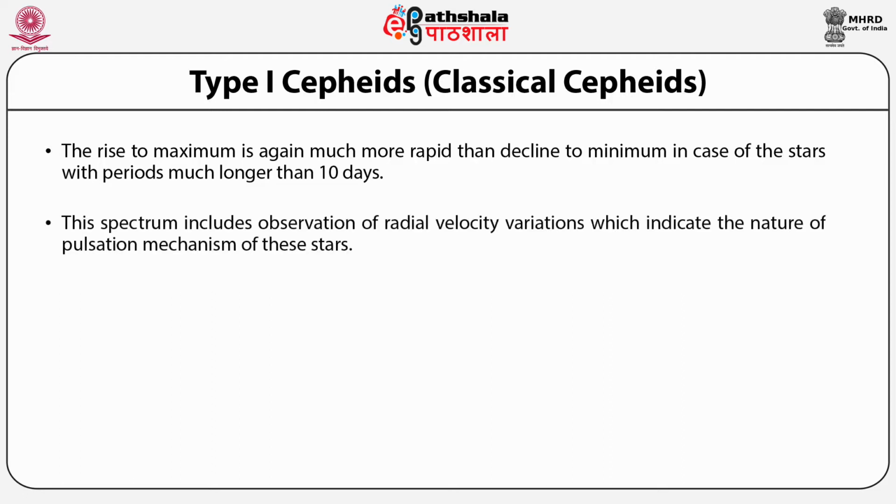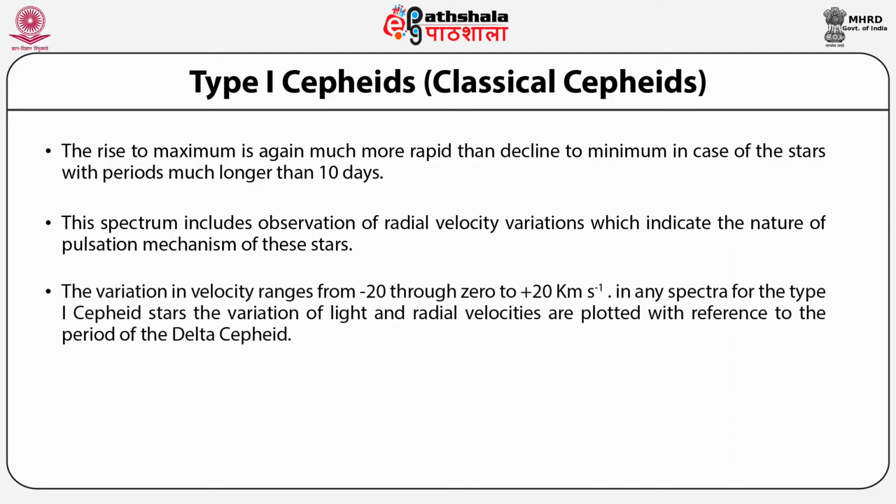This spectrum includes observation of radial velocity variations, which indicate the nature of the pulsation mechanism of these stars. The radial velocity variation is found to be strongly correlated with the variation of the light curve. The variation in velocity ranges from -20 through 0 to +20 km per second.